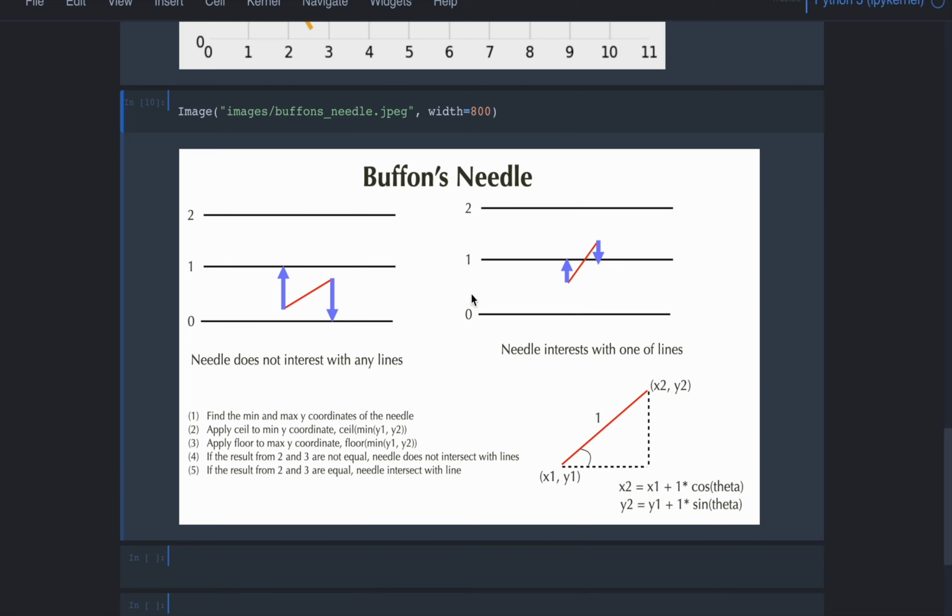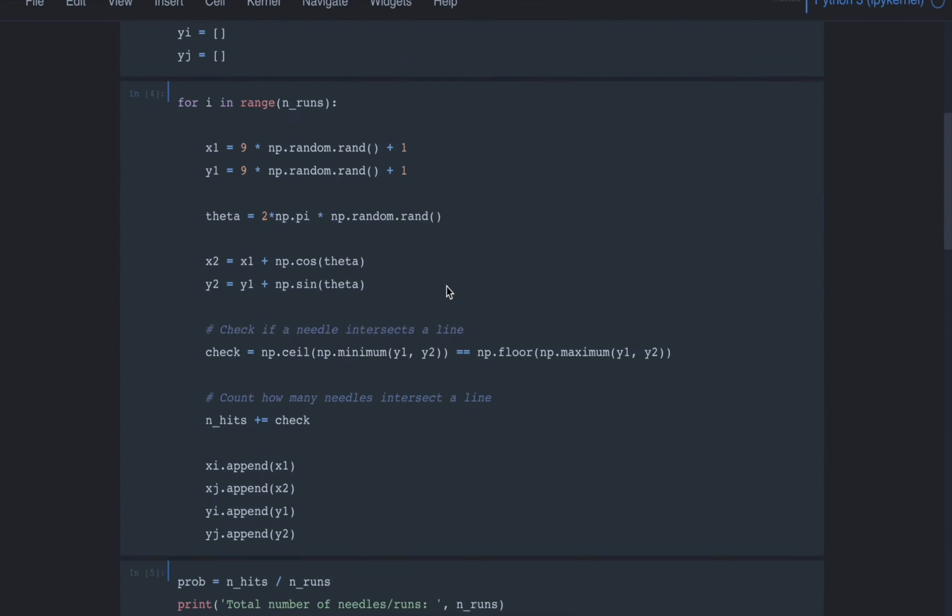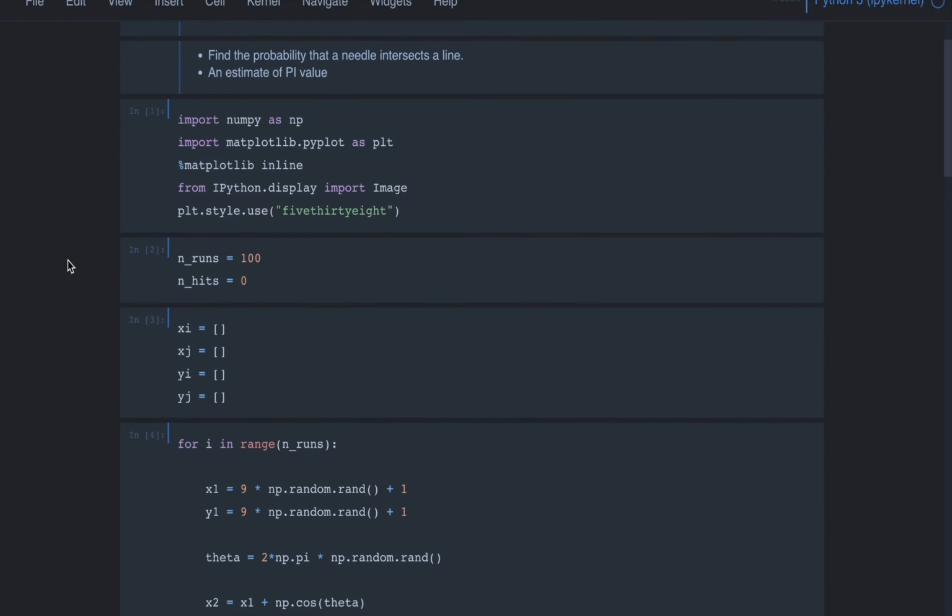So if the results from step number 2 and step number 3, which are applying the floor and ceil functions, happen to be equal, that means the needle intersects with one of the horizontal lines. So that's how we are going to find out if the needle intersects with the horizontal lines or not. Okay, so let's see how we generate.